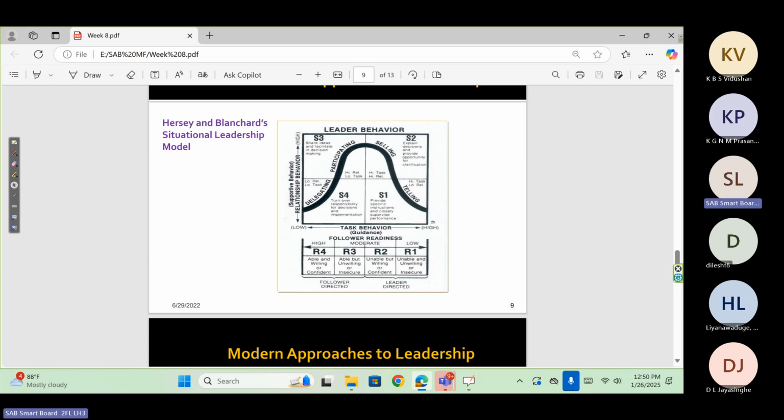The results of a former theory or model would be inputs to the next one. Right. Then task orientation and relationship orientation of the leader have been taken. Both have been scaled from low to high.